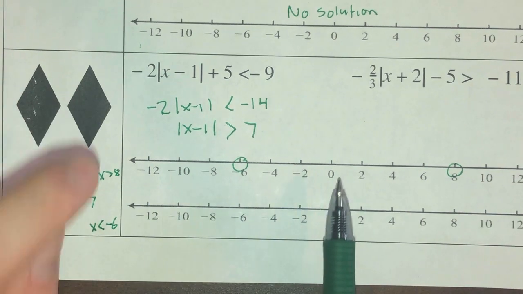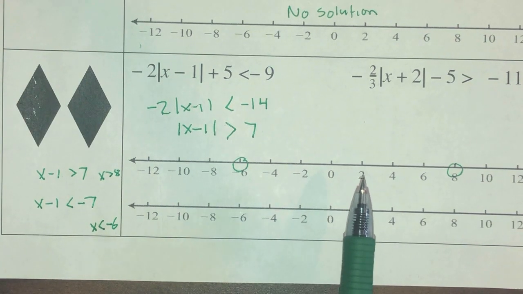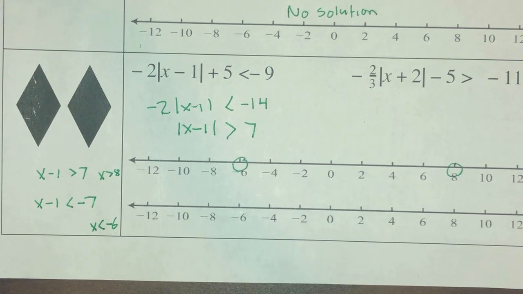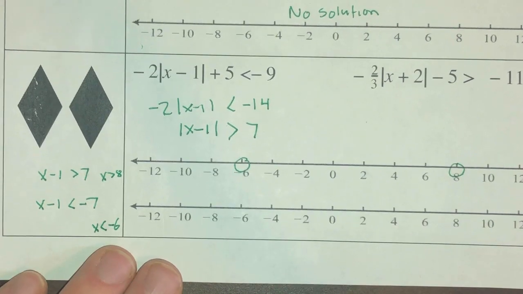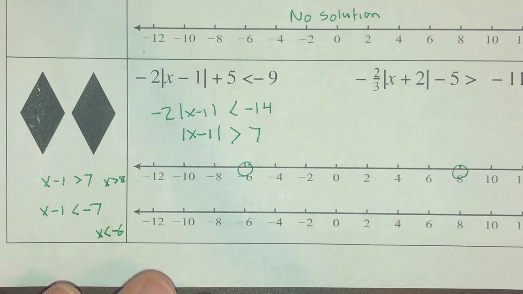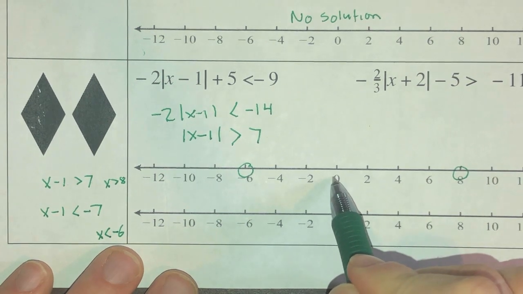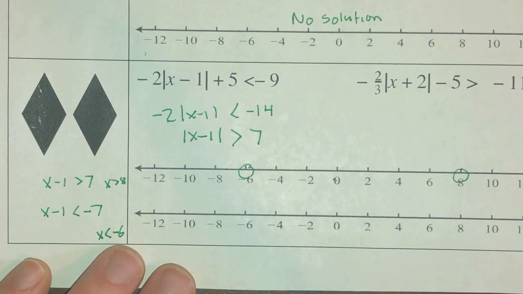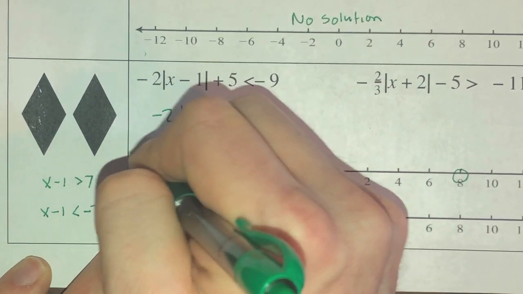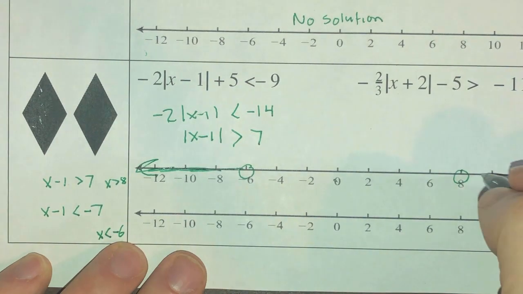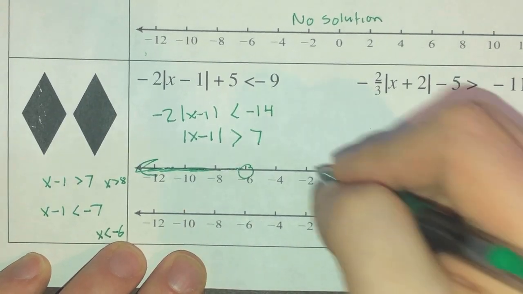Negative 2 plus 5, 3, not less than negative 9. Okay, and 0 minus 1, that wouldn't even be more than negative 7, so it wouldn't work in any case. One way to know that 0 is not a solution, therefore you're shading as an OR. Second way, less than negative 6, to the left. Okay, greater than 8, it's an OR.